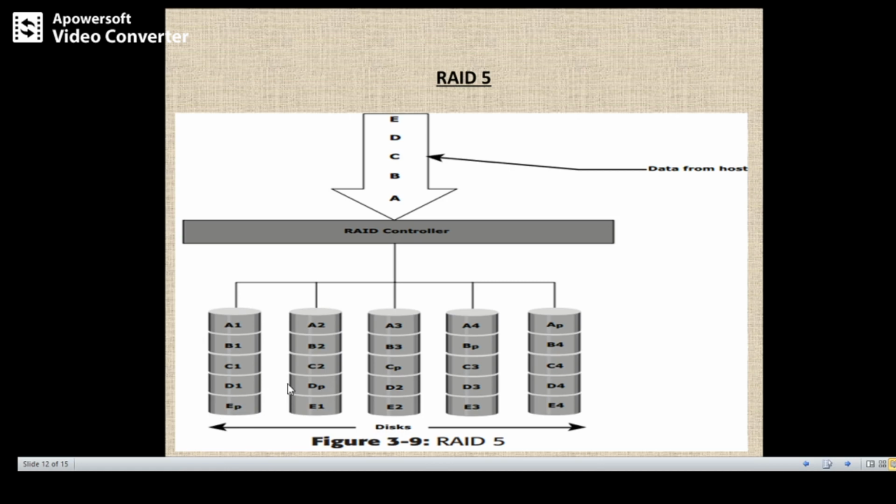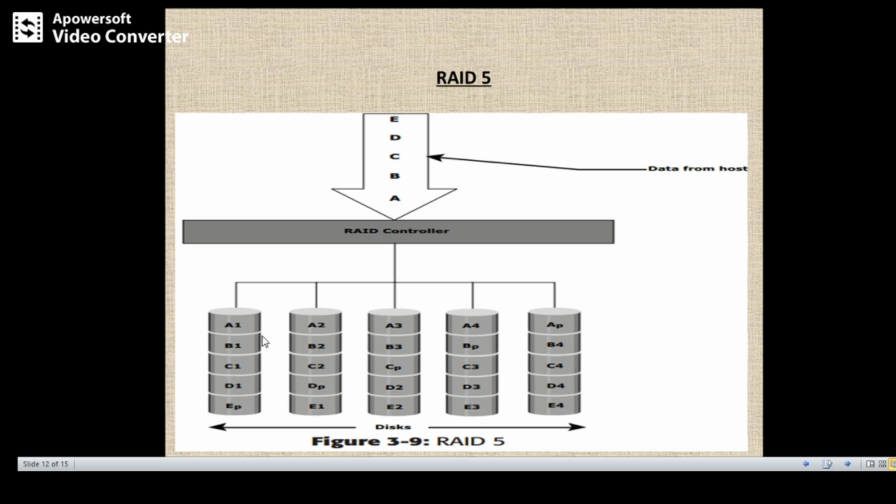Suppose disk A as well as disk B fail. At that instant disk A can be reconstructed by considering the parity AP, and disk B can be reconstructed by considering the parity value BP, and the parity of DP and EP can be computed by considering the actual data present on disk D as well as disk E. But if more than 2 disks fail, in such an instance we cannot recover the data.